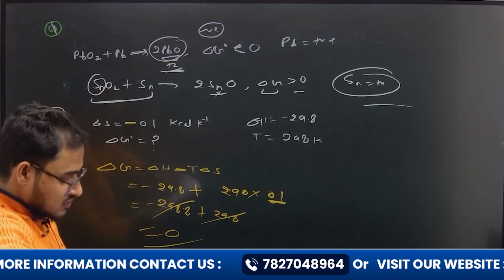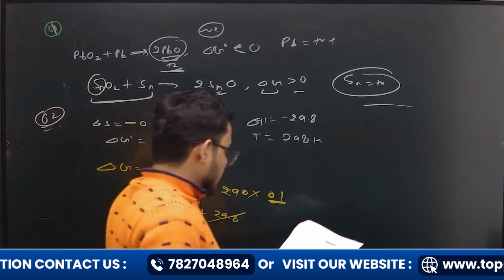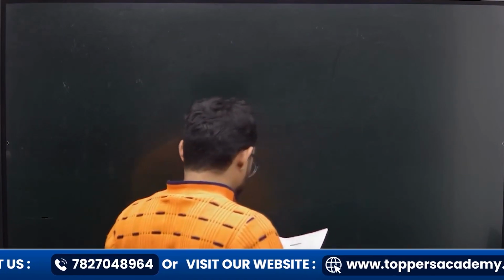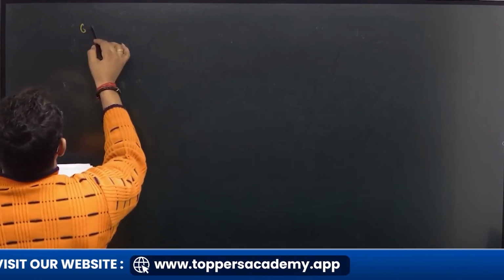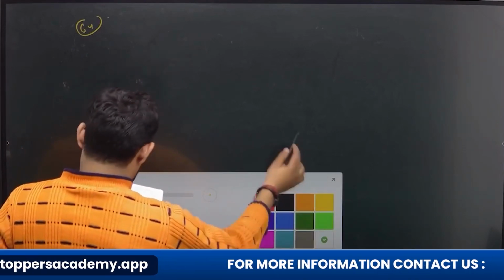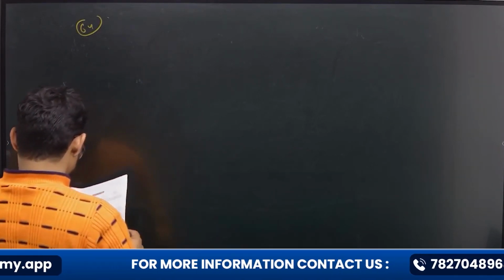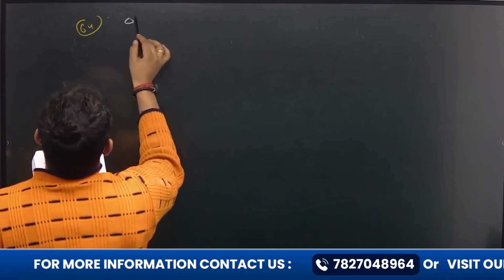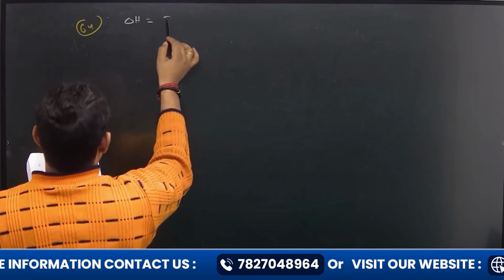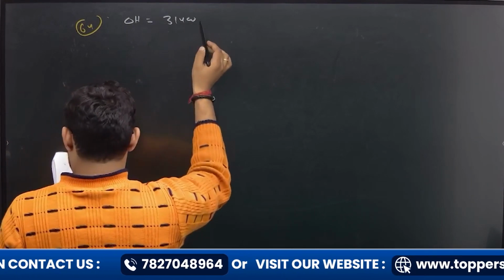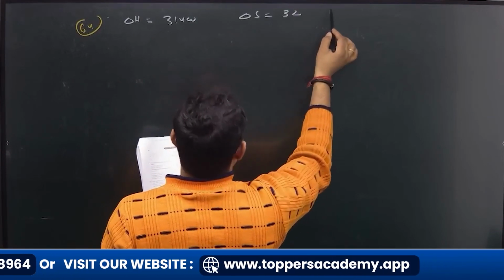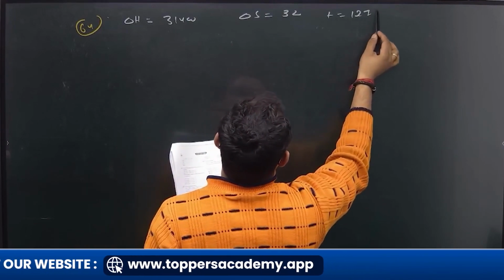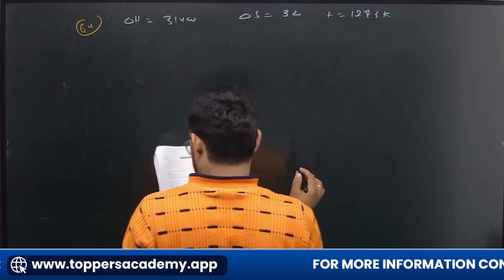Question number 62. Now 63, constant temperature and pressure, obviously. Question number 64, they are asking about delta S. Delta H is given, delta S is given, temperature is given in Kelvin.